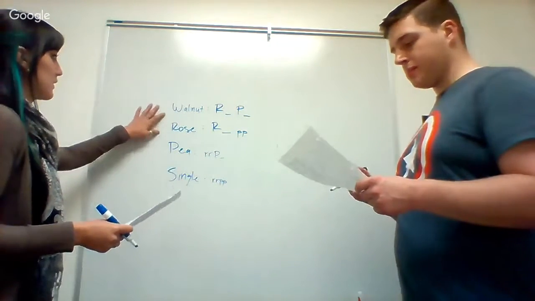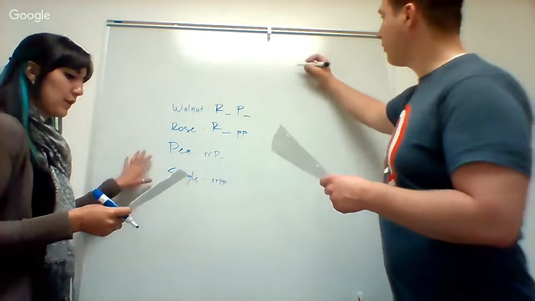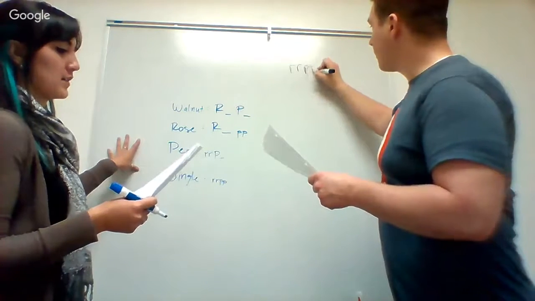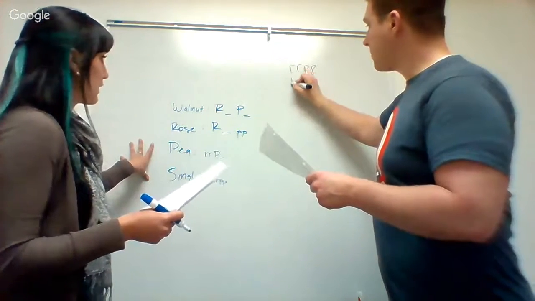Based on these, we were able to produce different Punnett squares in order to get the ratio that we wanted.